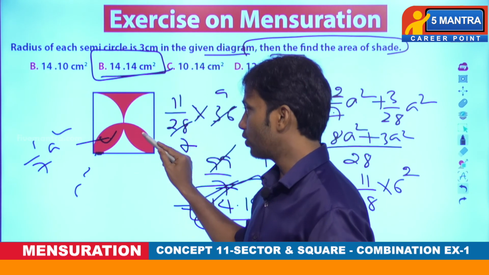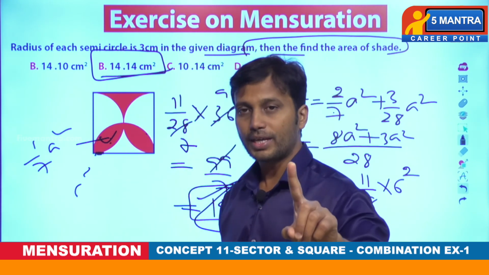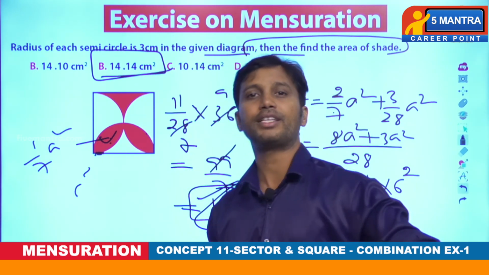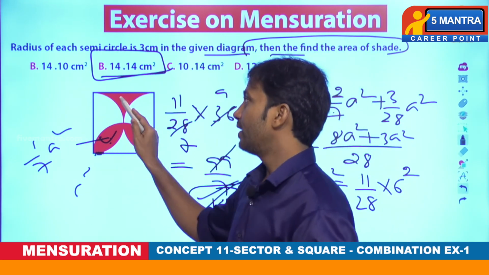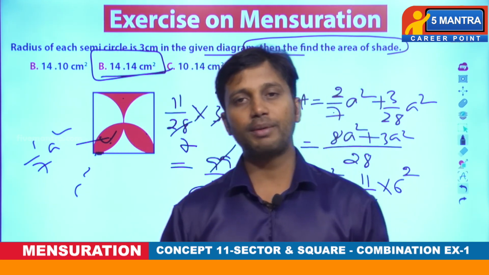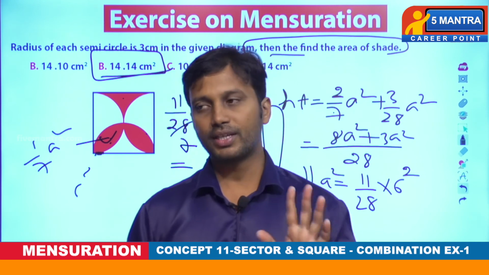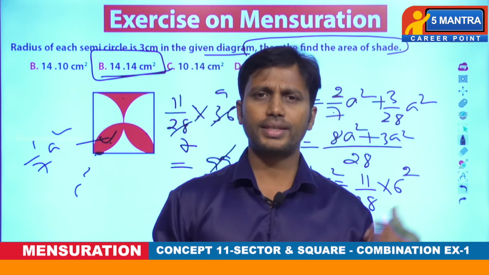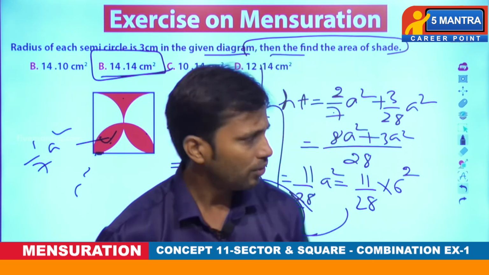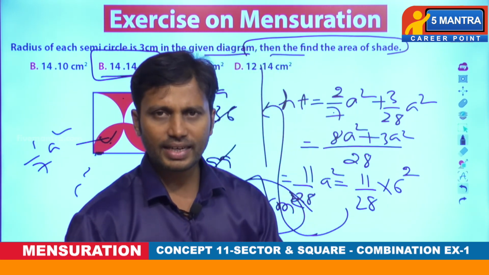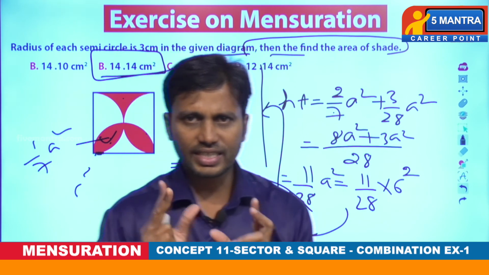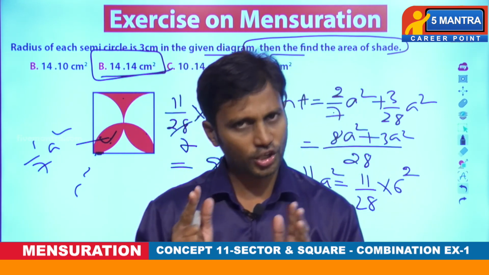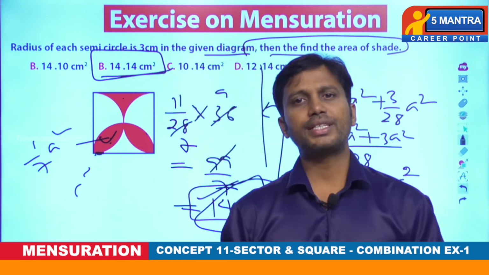Here 2 petals are there, each petal is 1/7 a square, so 2/7 a square, and each gap is occupying 3/28 a square, that we put and find it. Not only for this, for a lot of cases you can do like this. If you know that each petal is carrying 1/7 a square, each gap is occupying 3/28 a square.